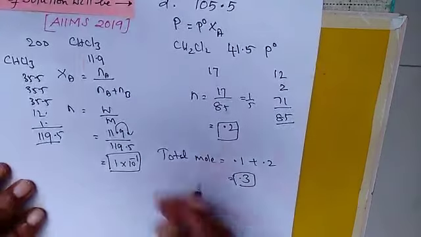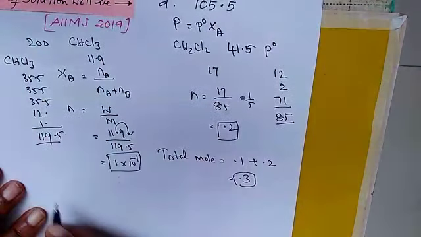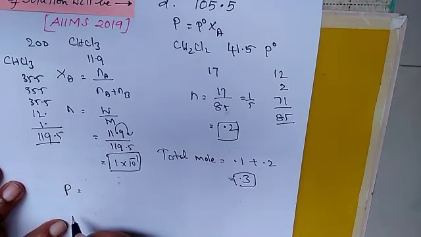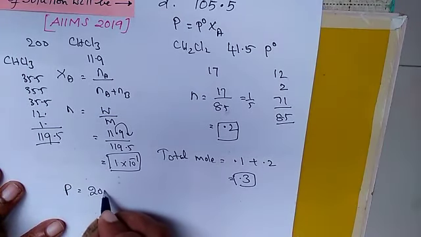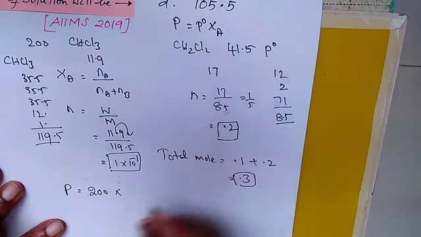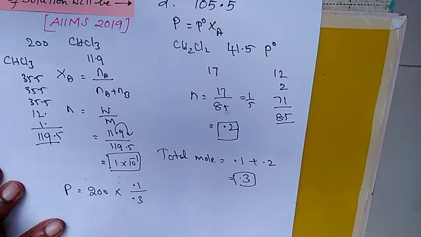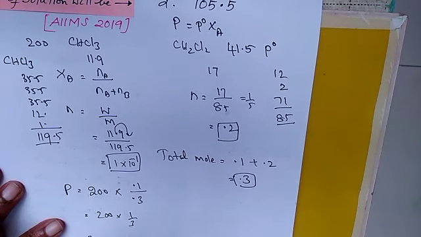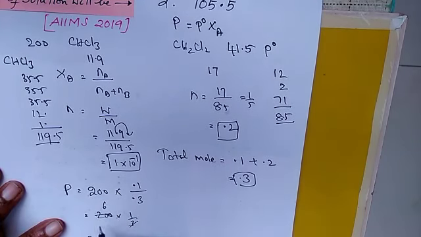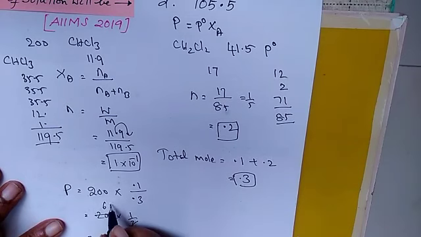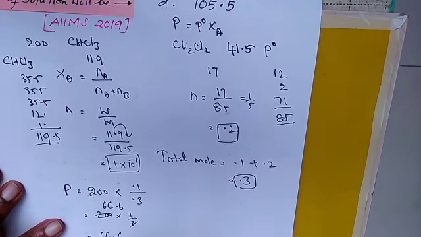Now let us go to the pressure of chloroform. Its pressure is 200 into its mole fraction, individual number of moles 0.1 divided by 0.3. This cancels to 1 by 3, so we get 66.6.